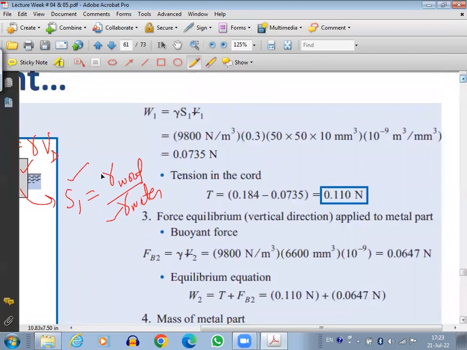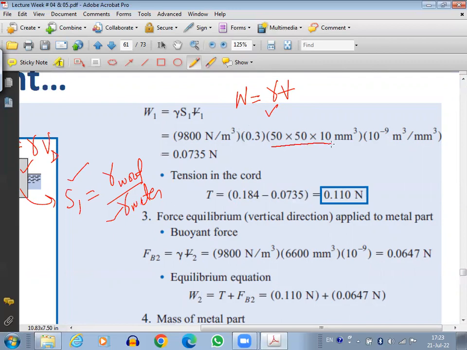And if we know gamma of wood, then we can find out the weight, because weight is gamma into volume. Weight is equal to mg and it is equal to gamma into volume. Now gamma of the wood is known and volume of the wood is also known, 50 by 50 by 10. That's the complete wood.